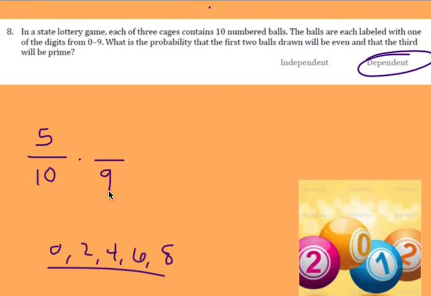And then the next would be even, so then we're going to draw out another even number, so that will be 4. Okay, now we want to figure out the probability that it will be prime. So we're going to put an 8 down here. The prime numbers are 2, 3, 5, and 7. Okay, so we have here 1, 2, 3, 4 possibilities.